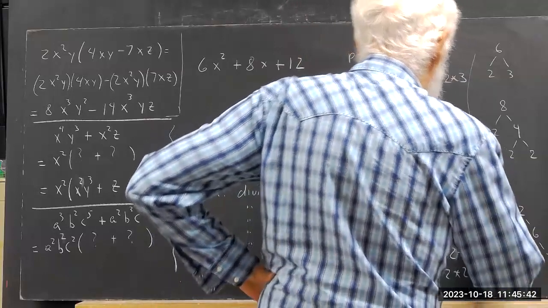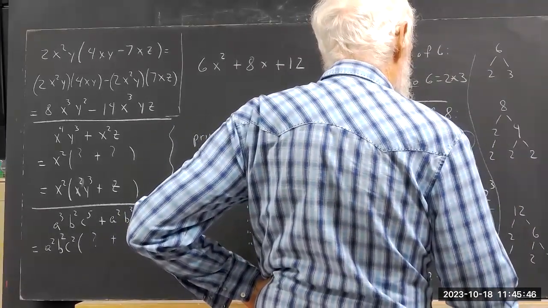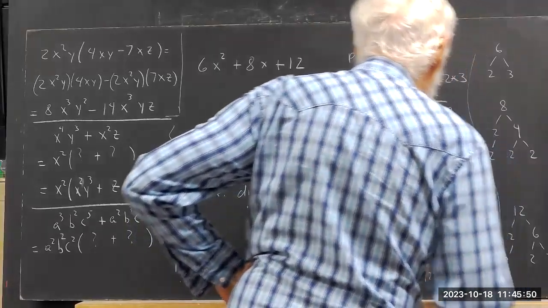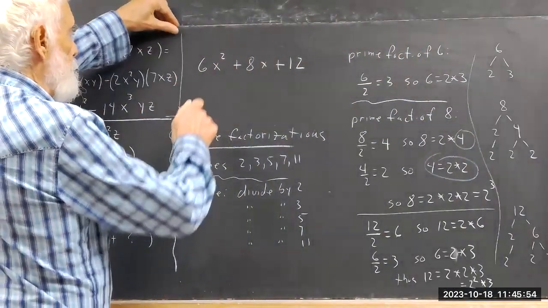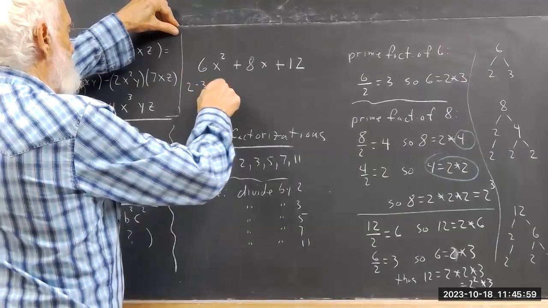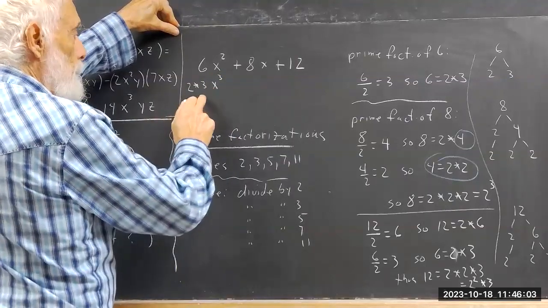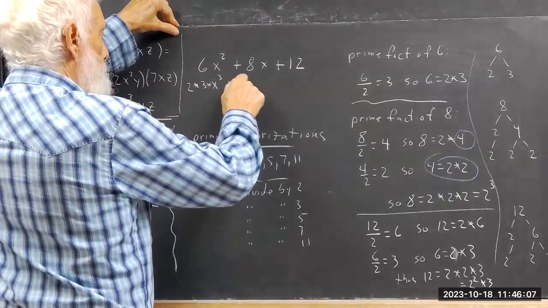Now, another way to write this is 2 squared times 3. So when we come up here, we can write 6 as 2 times 3 times x cubed.